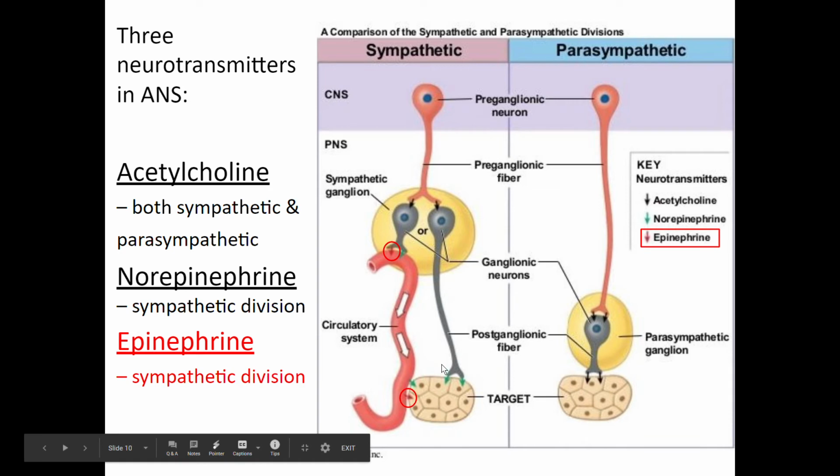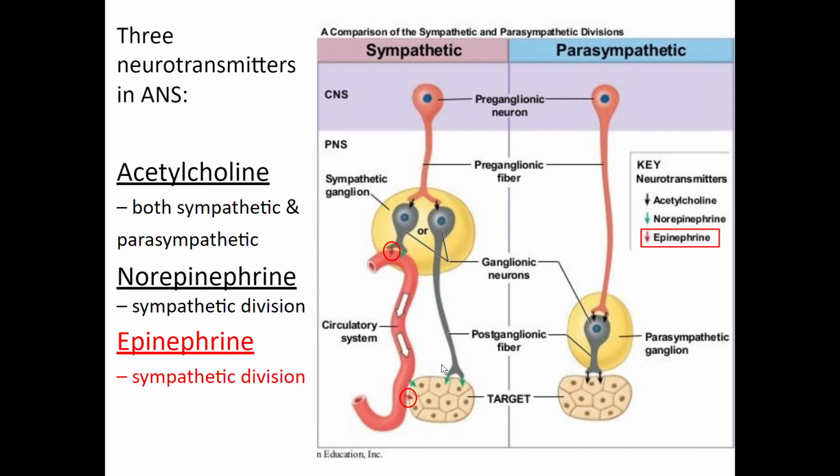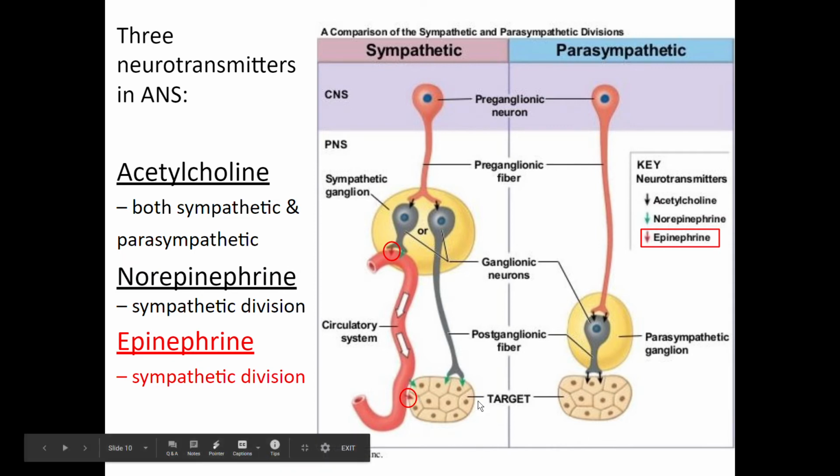So once again, when we talk about how the sympathetic versus parasympathetic divisions use neurotransmitters, they both use acetylcholine, but the sympathetic nervous system also utilizes norepinephrine and epinephrine, also called noradrenaline and adrenaline, to activate target tissues, either directly or by using the blood to send these hormones to multiple target tissues throughout your body all at once.